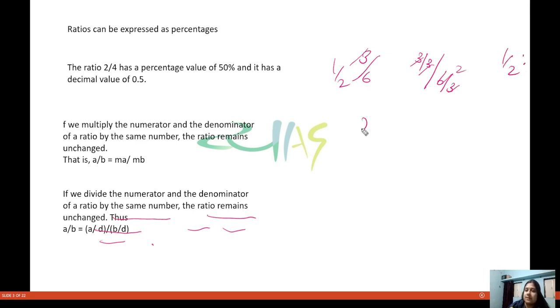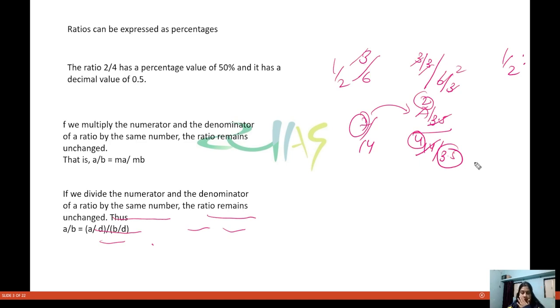For example, I am taking 7 by 14 and dividing by 3.5. If I divide 7 by 3.5, it becomes 2. And if I divide 14 by 3.5, it becomes 4.